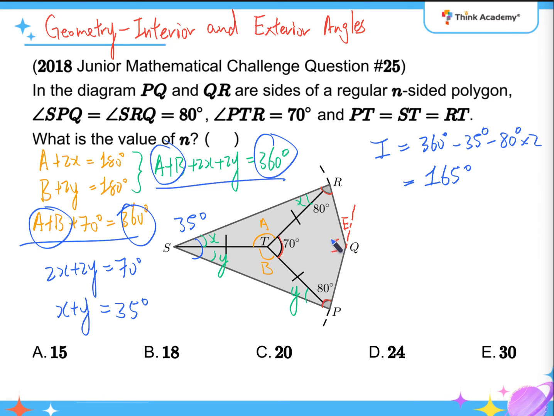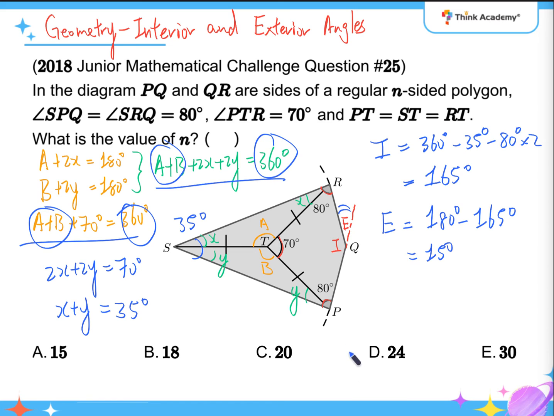All right, so the interior angle is 165 degrees, but as I said, it would be easier if I'm using the exterior angle, right? And definitely we know that angles on a straight line is 180 degrees, which means that the exterior angle is 180, take away 165, which is 15 degrees.